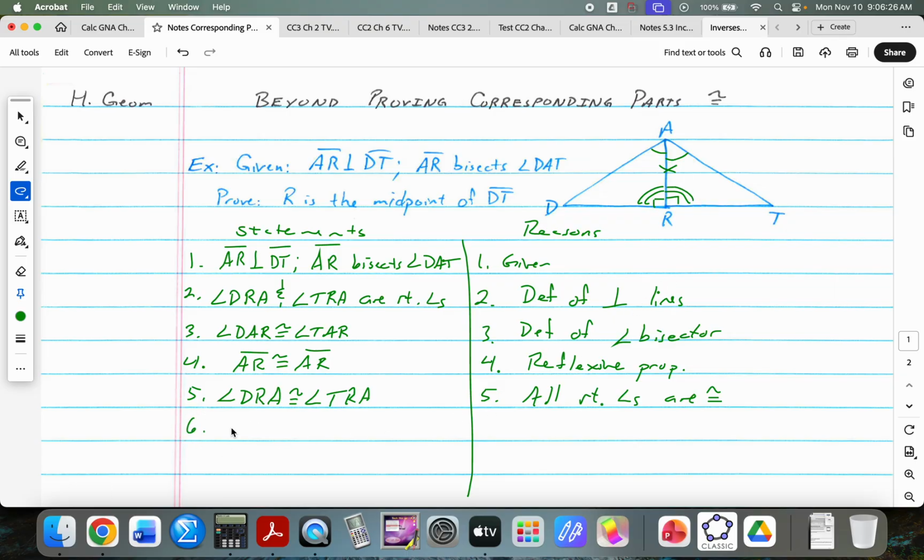So now we have enough to prove that the two triangles are congruent by angle side angle. So triangle DRA is congruent to triangle TRA by angle side angle.